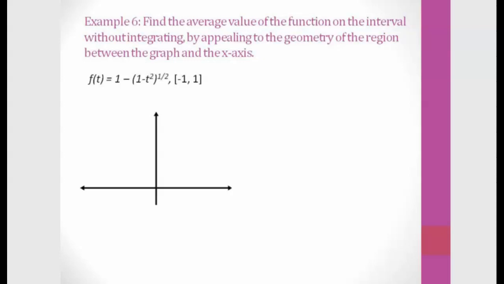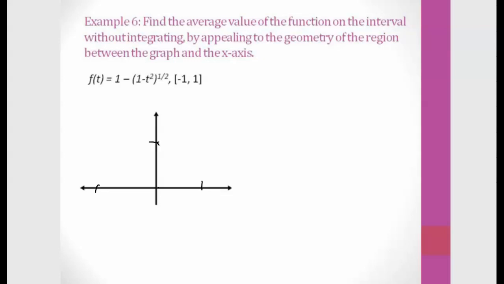So if we're going from -1 to +1, then we are going to find the area under the curve. That curve that we are looking at is a circle. That +1 shifts it up 1 unit. So origin is usually at 0, 0. The +1 is going to shift it up 1 unit. The negative out in front is going to reflect it.